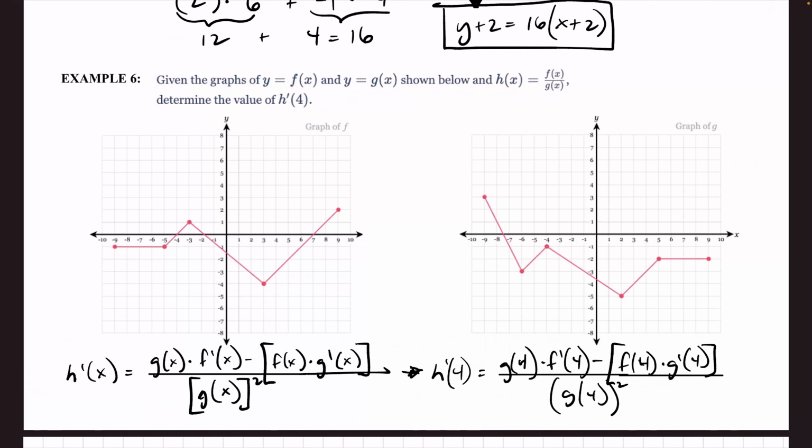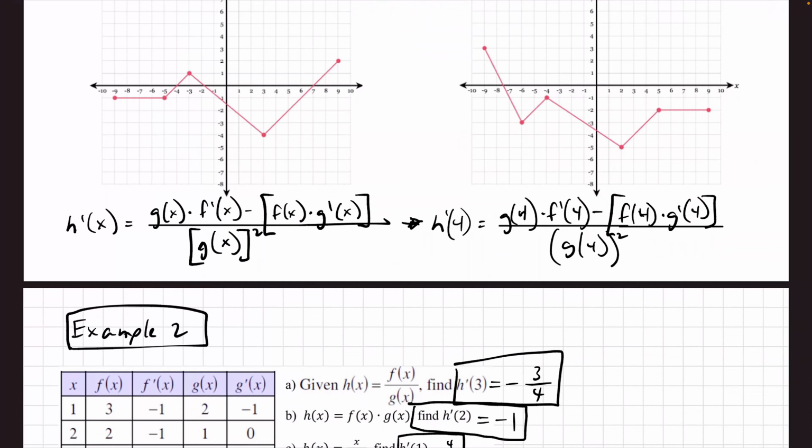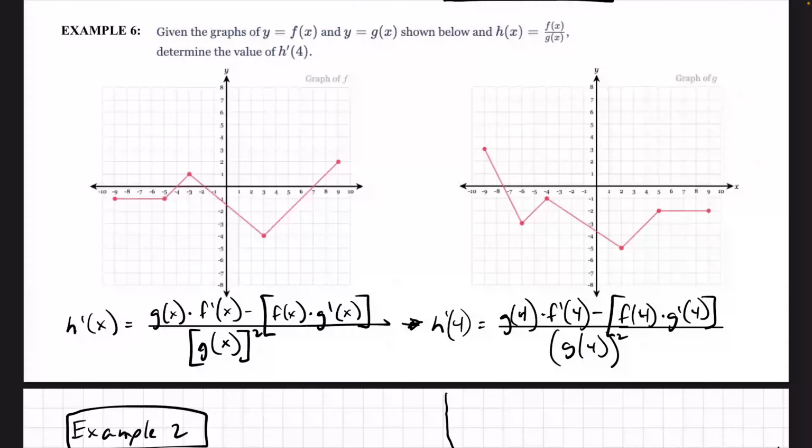Okay, so g of 4 is just the y value when x is 4. So negative 1? Oh no, that's negative 4. I want positive 4. Was that right there? Negative 3?